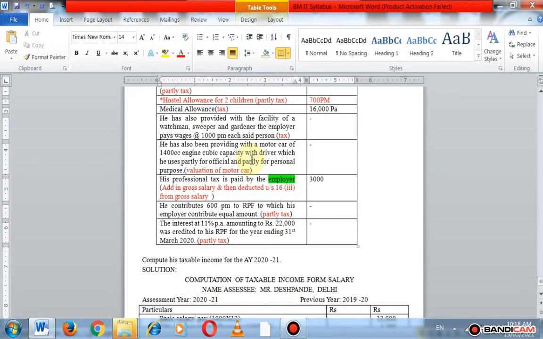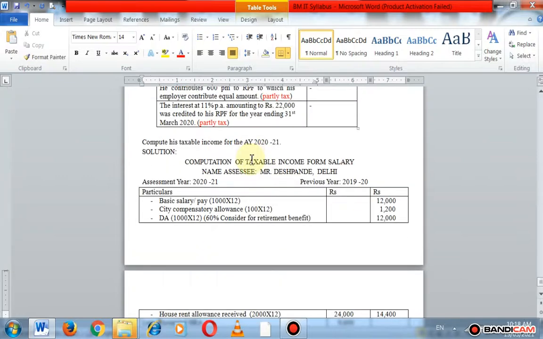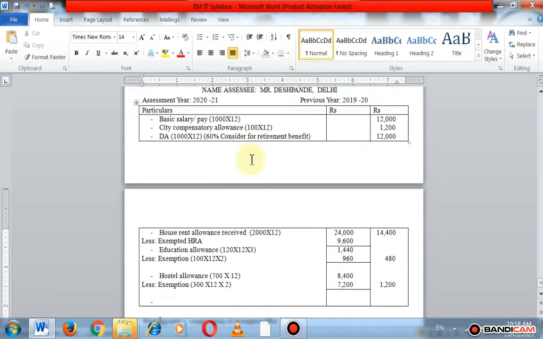Next one is medical allowance. All medical allowance is taxable, because the medical allowance is not spent by the assessee. If medical treatment is taken by the assessee for self, spouse, or children, then the medical expenditure is deducted from the medical allowance.